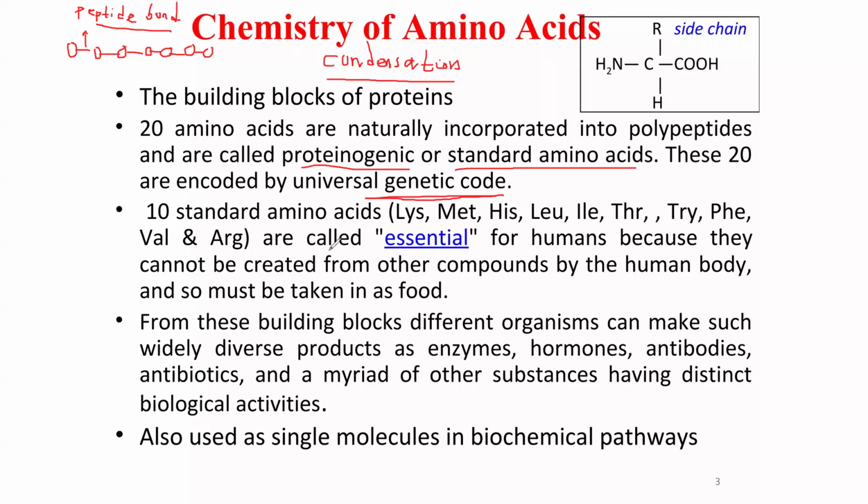And then most of these building blocks are used in the synthesis of a variety of different products. These include enzymes, hormones, antibodies, antibiotics, as well as a myriad of other substances having distinct biological activities.